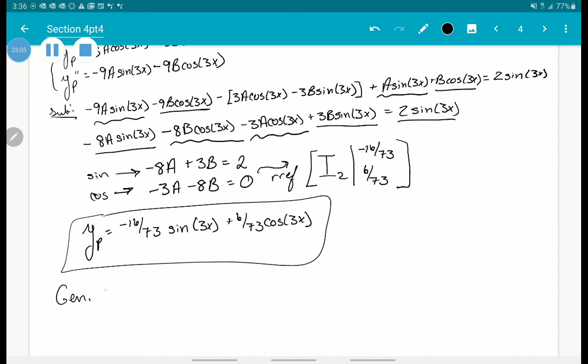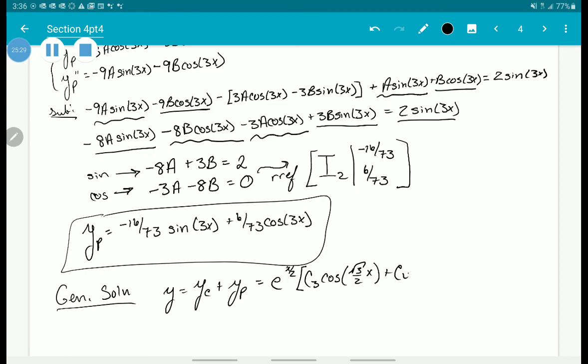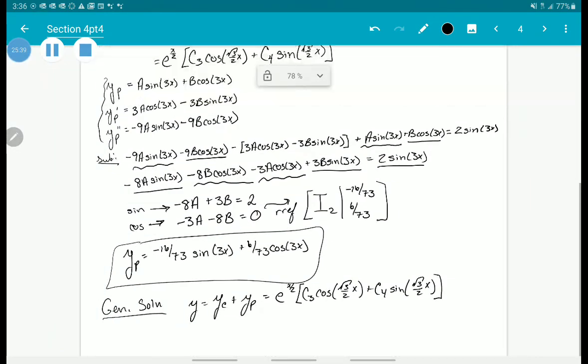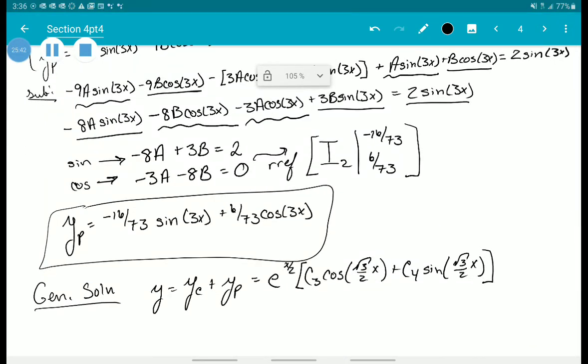So the general solution is the complementary plus the particular. Our complementary was e to the x over 2 times c3 cosine of square root of 3 over 2 x plus c4 sine of square root of 3 over 2 x. And then we're just going to add on that last piece there. So minus 16 over 73 times the sine of 3x plus, and I'm going to have to go down here, 6 over 73 cosine of 3x.